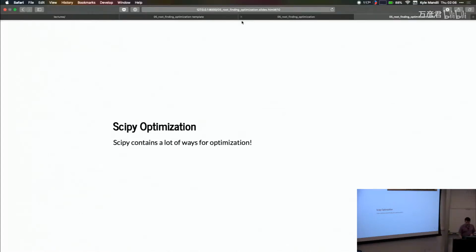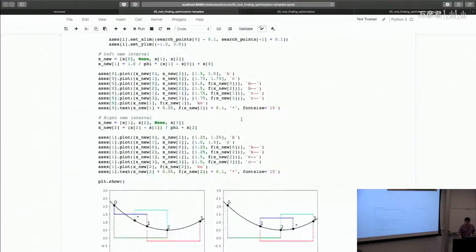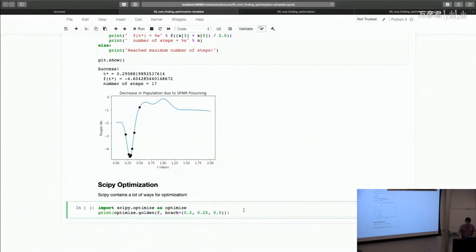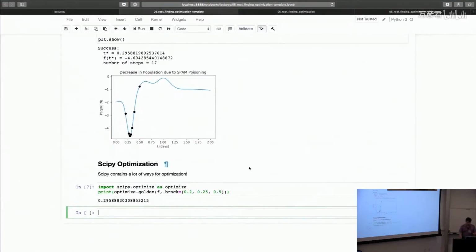Just to show what it looks like, you can do import scipy.optimize, and then here's the golden section search, already implemented for you. You give it the bracket of the 3 points, and you're done. And it gives us about the same type of answer.